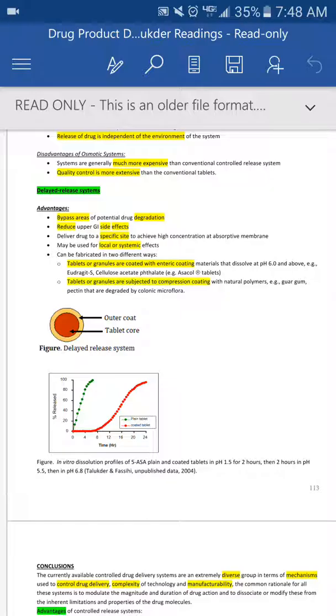But you could think of something that acts similar to that: putting an outer coat over a tablet when you compress it with natural polymers like guar gum, pectin that are degraded by colonic microflora, and that degradation there is the rate limiting step, because that's what leads to dissolution.